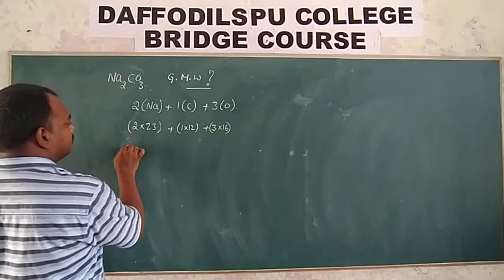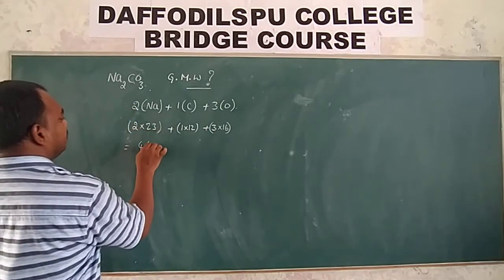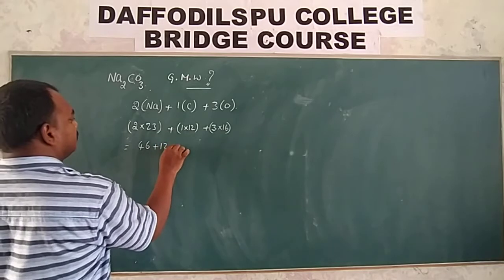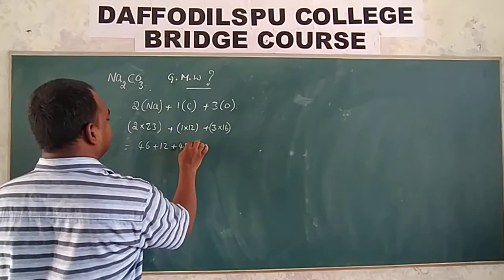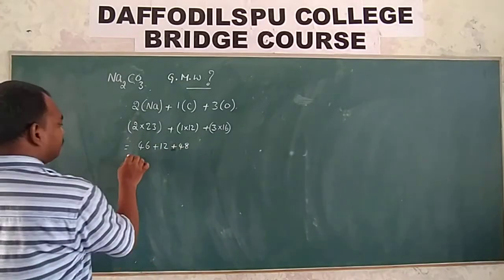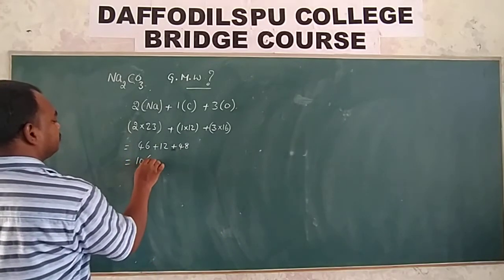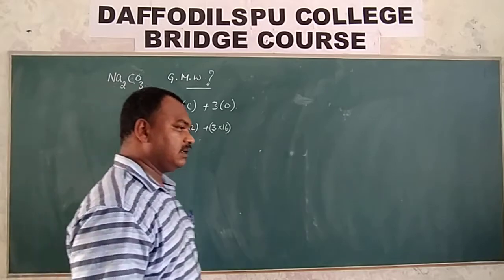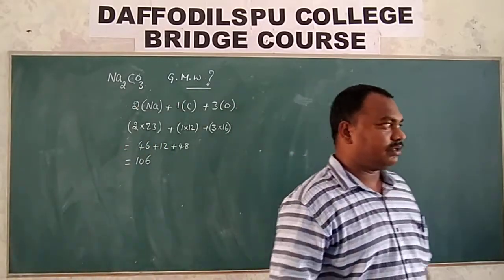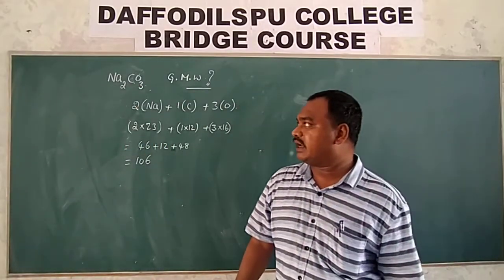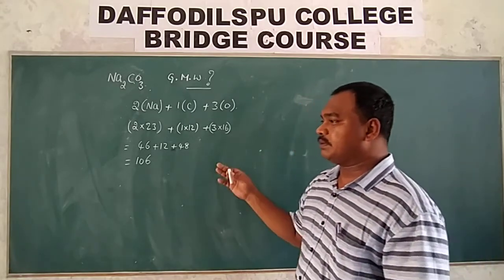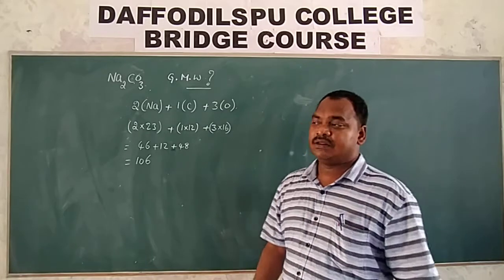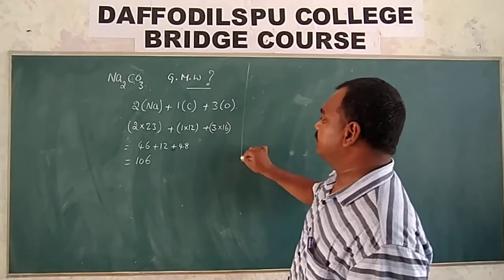Add all these: 46 plus 12 plus 48. We will get 106. This 106 is the gram molecular weight of sodium carbonate. So, very simple. We will go for another one.